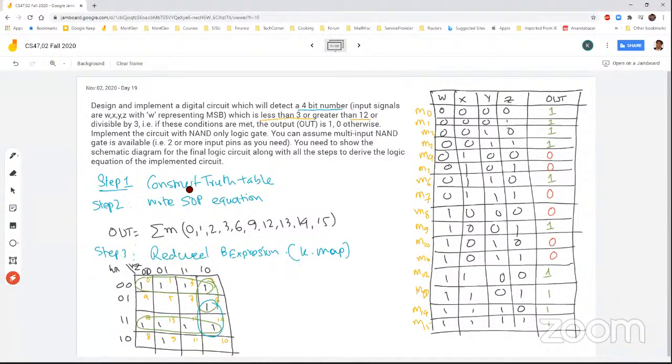And for 9 and 13, I can have either these or this one, right? So my list of prime implicants in this case is definitely 0, 1, 2, 3, and 12, 13, 14, 15.